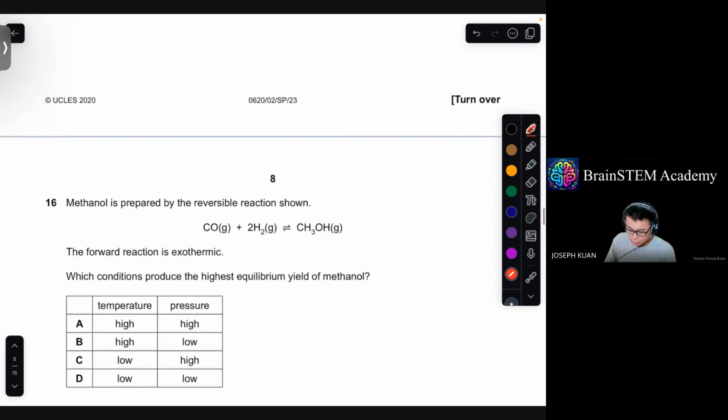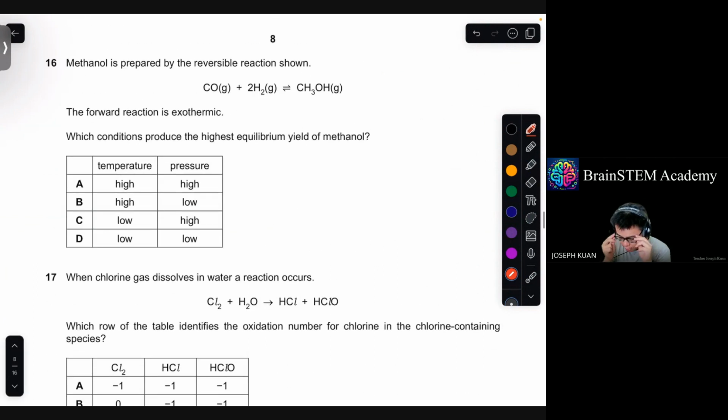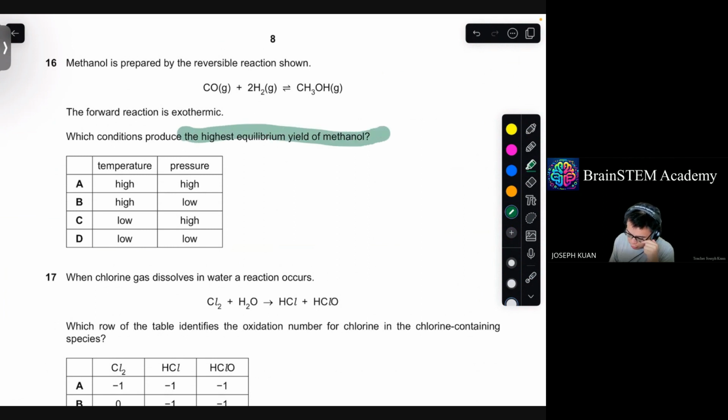Right, moving on to the next question. 16. Methanol is prepared by the reversible reaction shown. The forward reaction is exothermic. Which condition produces the highest equilibrium yield of methanol? In order to produce more yield of methanol, you will need to drive the equilibrium to the forward reaction.